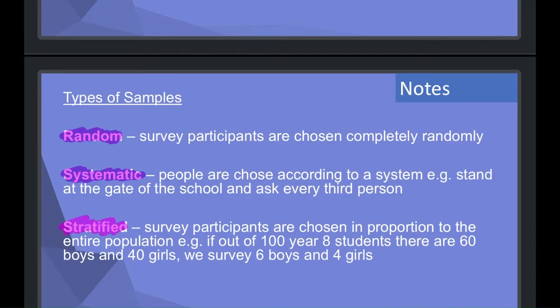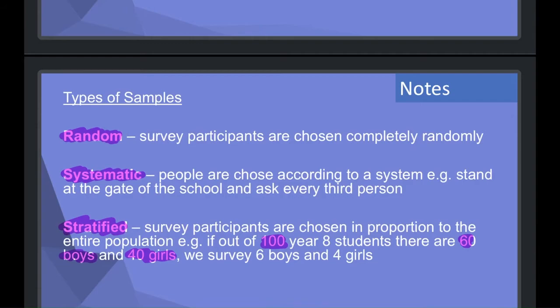Stratified is slightly different in that you try and choose the participants in your survey so that they, as closely as possible, match the entire population. This is probably the hardest one to wrap your head around, but let me give you this example. There are, let's say, 100 students in year 8, and in total there are 60 boys and 40 girls.